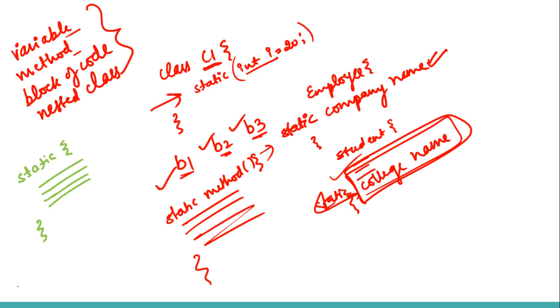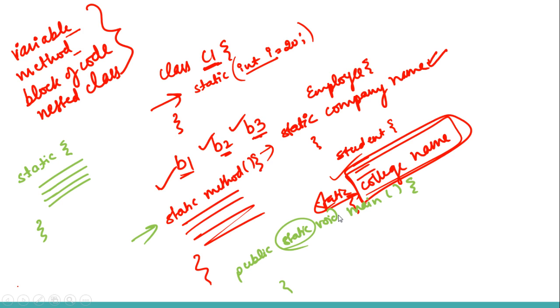And coming back to the static method, we have seen that our main method declaration is something like this: public static void main, right? This is the declaration of our main method. So now you know why it is static.